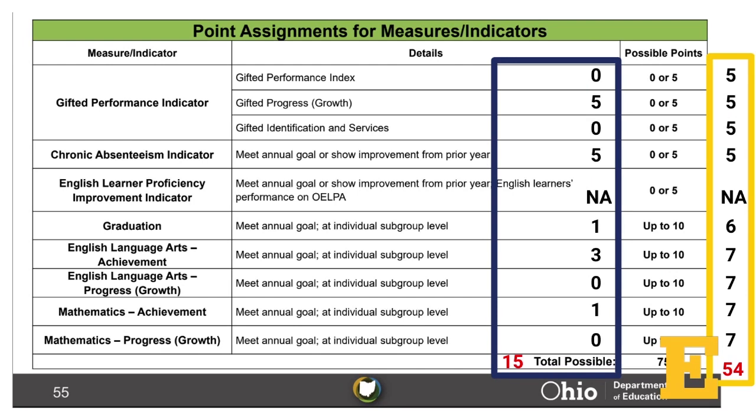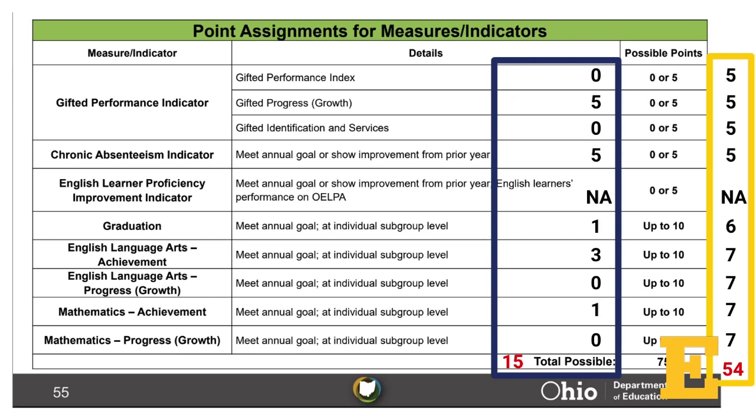If you look at the gold box to the far right, that's indicating all the points that were possible for our district to receive based on the subgroup. And then the blue box indicates the points that were received for each one of those detailed areas of a measure, which was a total of 15 that we received, and then you can see the 54 in red, which was the total possible.